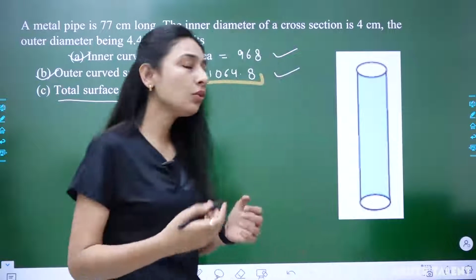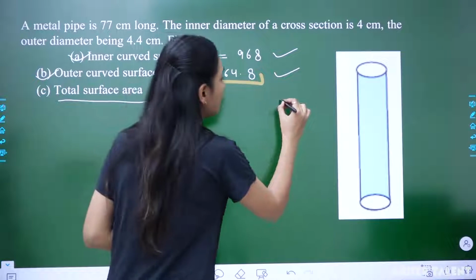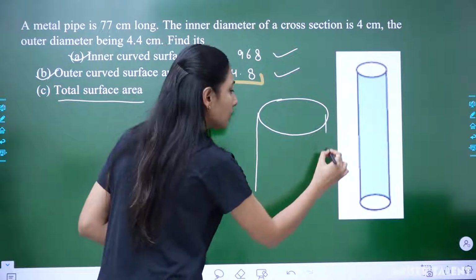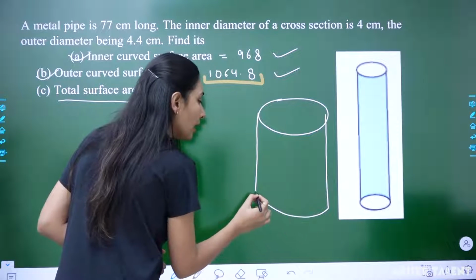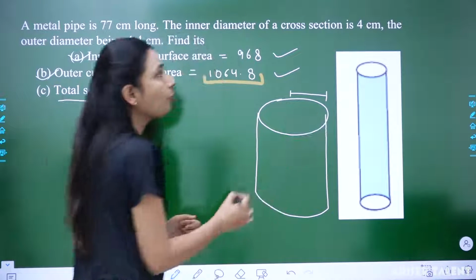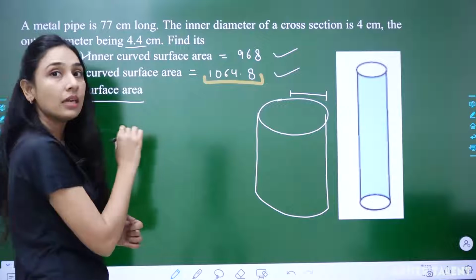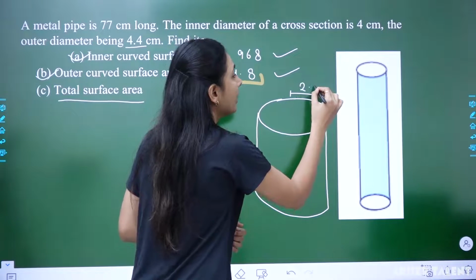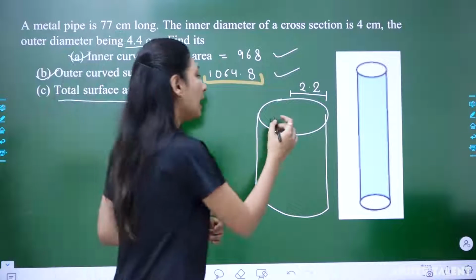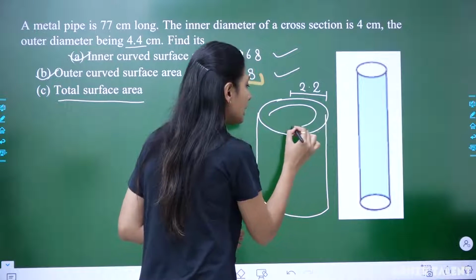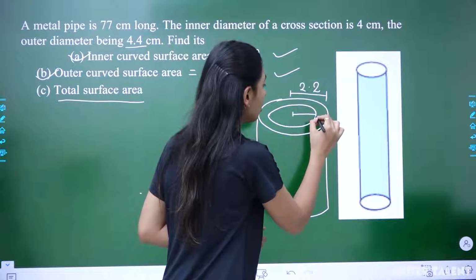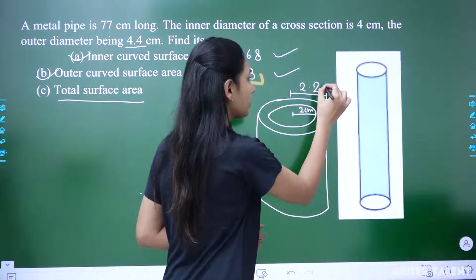Now, what does total surface area mean? Remember, we had that cylinder, and the diameter of this was given as 4.4, and by that we calculated the radius of this as 2.2 centimeter. There was another, inner diameter of 2 centimeters.